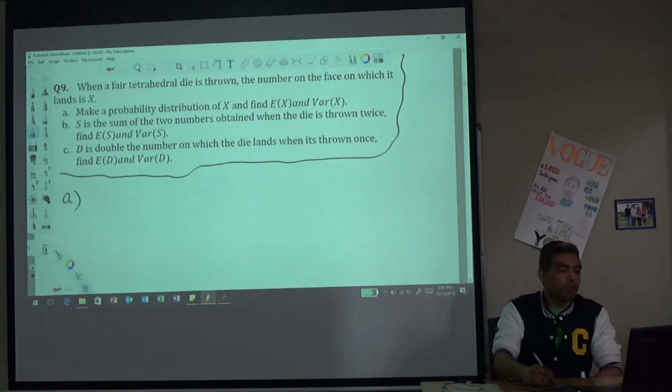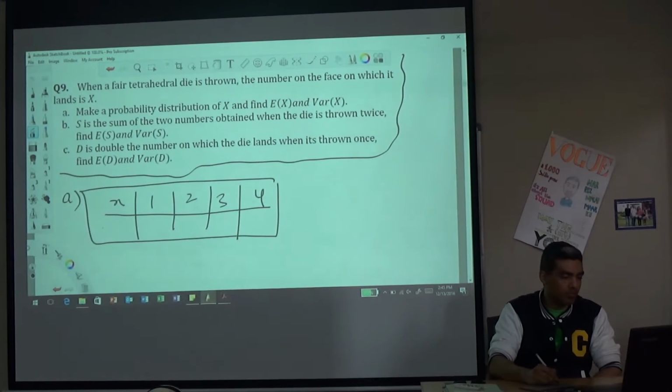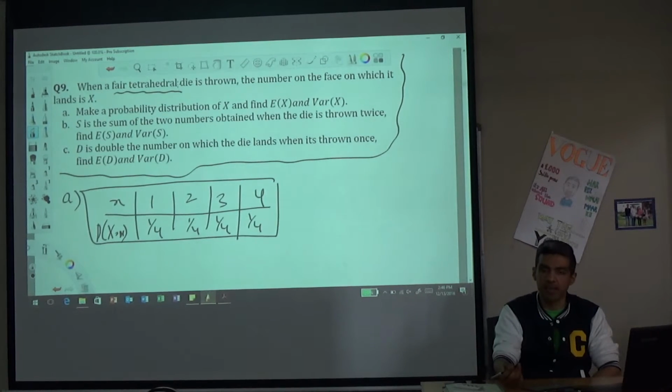Okay. Make a probability distribution of x. So let's do that. So x would have values 1, 2, 3, and 4. And the probability would be 1/4 for all of them. It's a fair tetrahedral die. All the probabilities are the same.